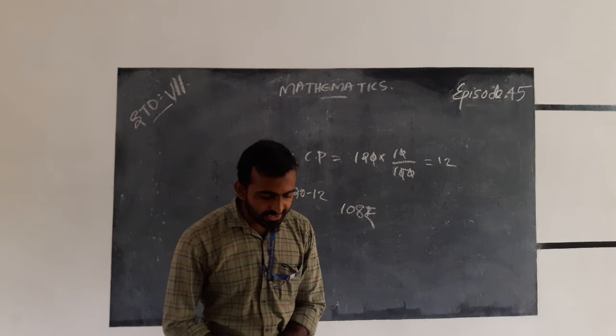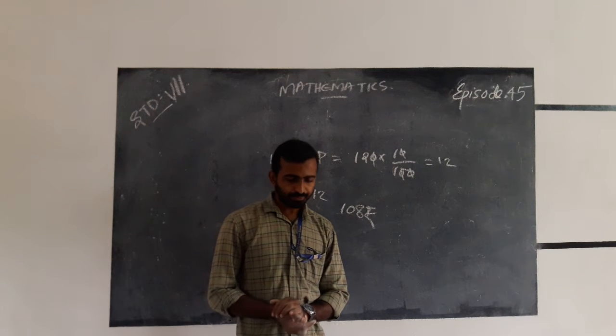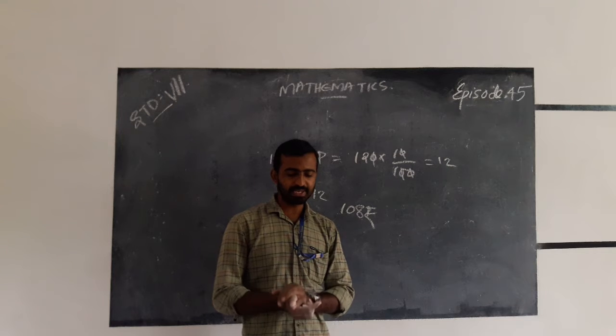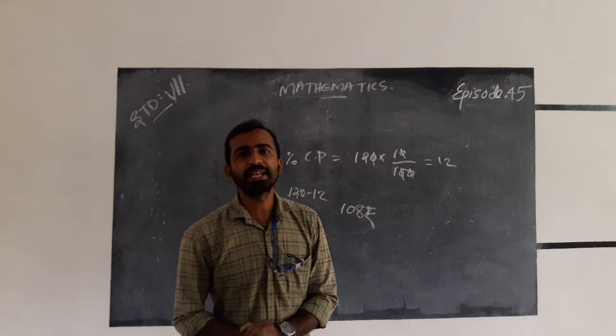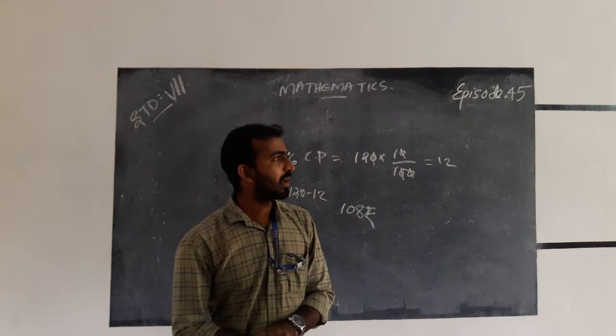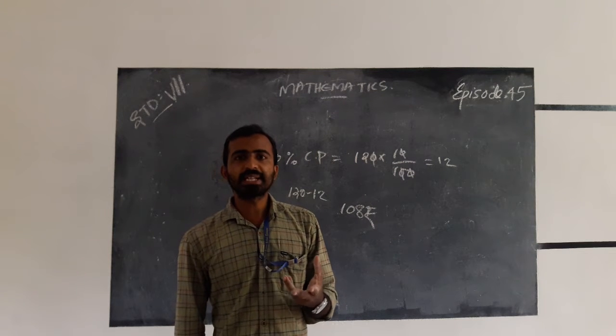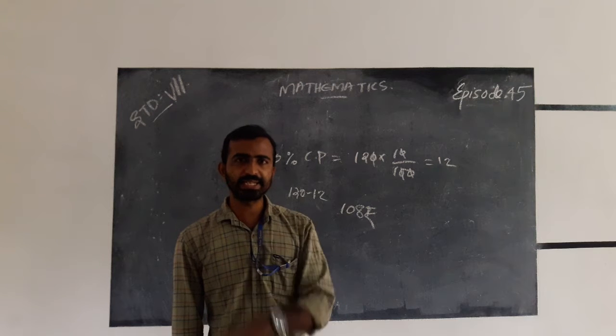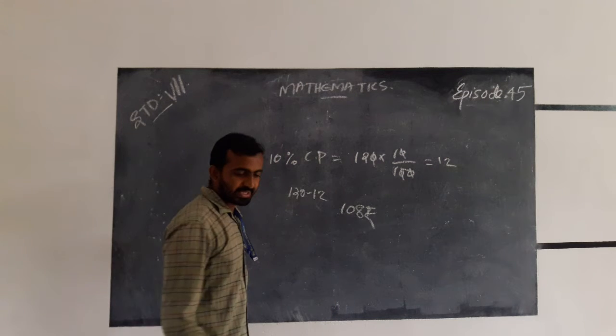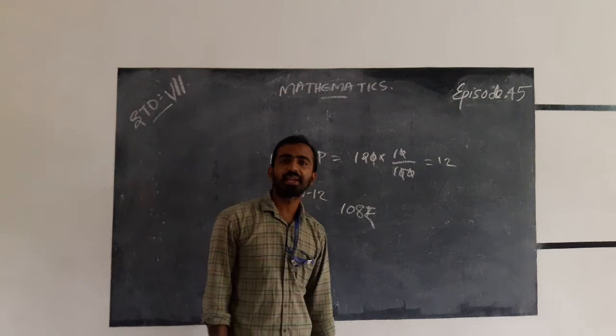The second method: according to the question, a loss of 10 percentage means if CP is 100, then loss means decreasing, that is 100 minus 10, we get 90.